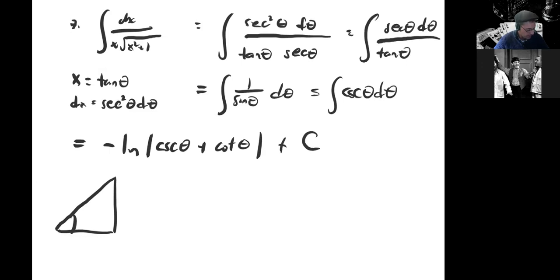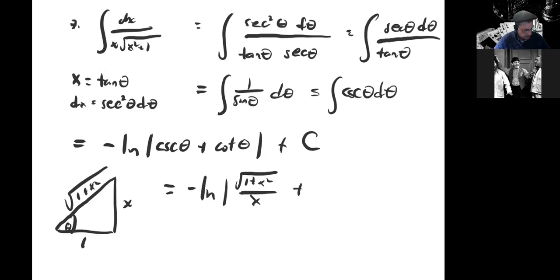So now if x is tangent theta, that means if we let x be the opposite and then the adjacent would be 1, then the hypotenuse is the square root of 1 plus x squared. So now this minus ln, what is cosecant theta? That's the 1 over sine, and so therefore it's hypotenuse over opposite. So it's this ln, the square root of 1 plus x squared over x, plus the cotangent, which is the adjacent over opposite, plus c.